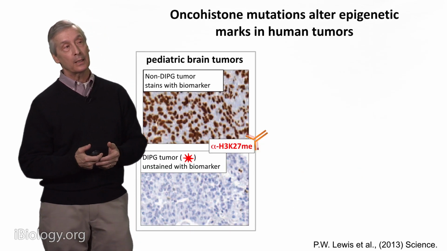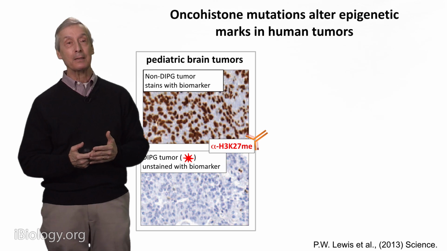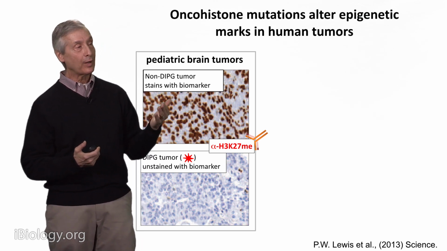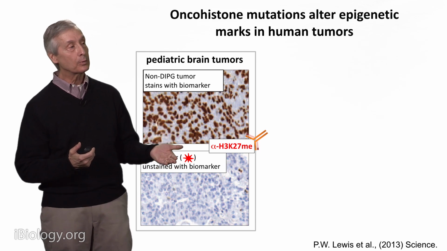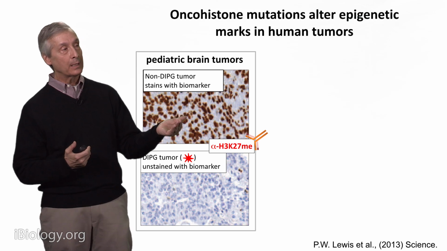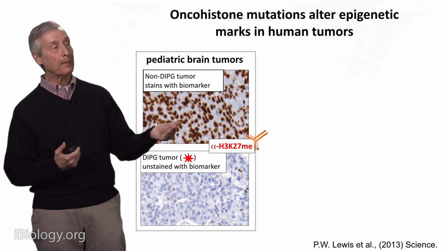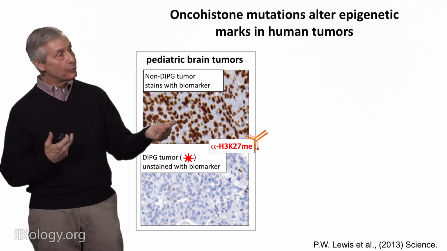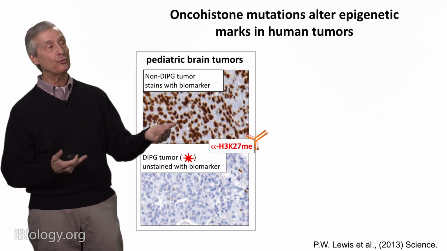As well, sadly, back to this antibody staining immunofluorescence, we were able to stain brain samples from tumors like Jennifer's. On the top of this stain is an autopsied brain sample from a patient that succumbed to a brain tumor that was not from a patient that had DIPG and did not have the K27M.